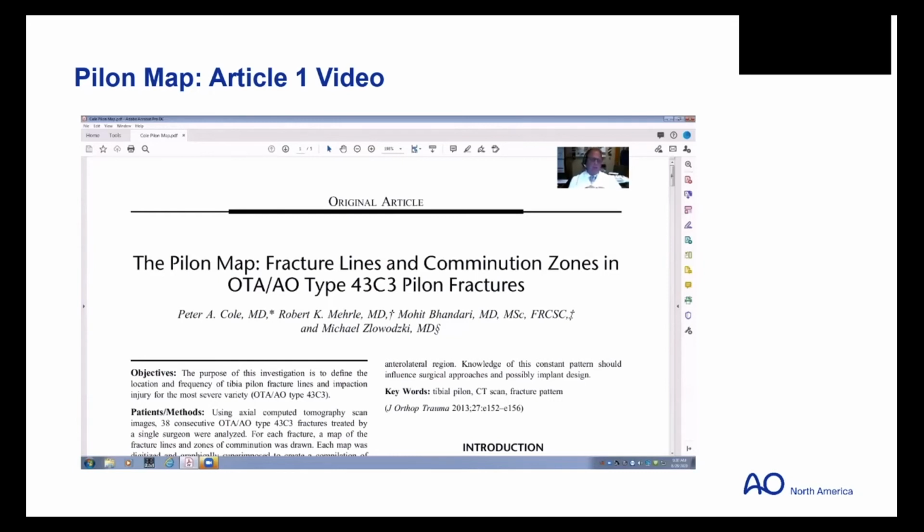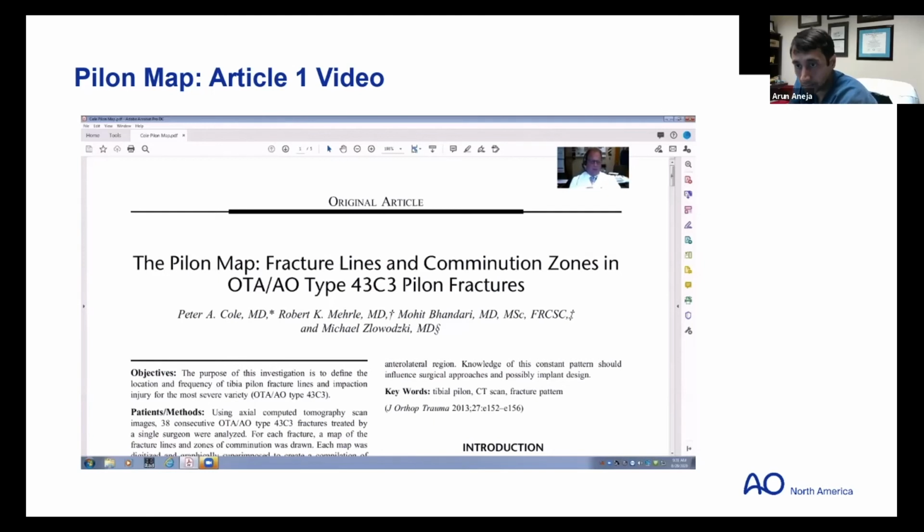How stiff do we want our construct, and do we want to think of the working length and the stress and strain and modulus of elasticity of your implants relative to the long bone itself? I think that is one.